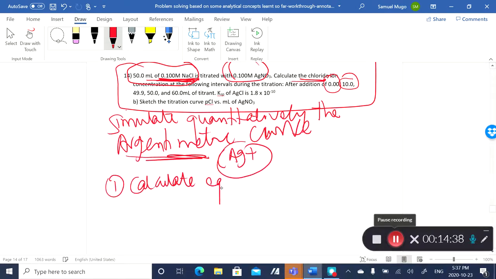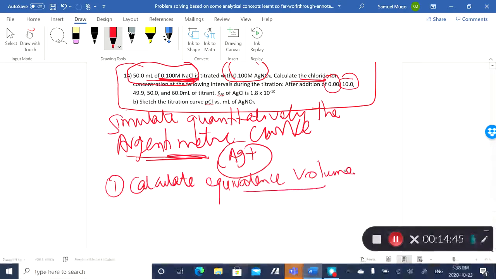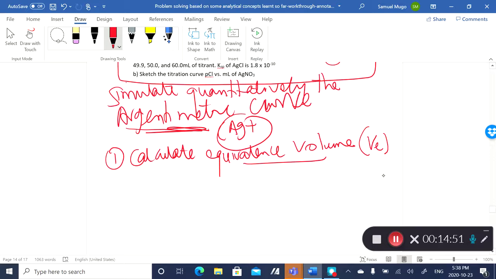the equivalence volume. And I already talked about the equivalence volume in my lecture, and I defined it as the point at which you've added enough titrant, all right?